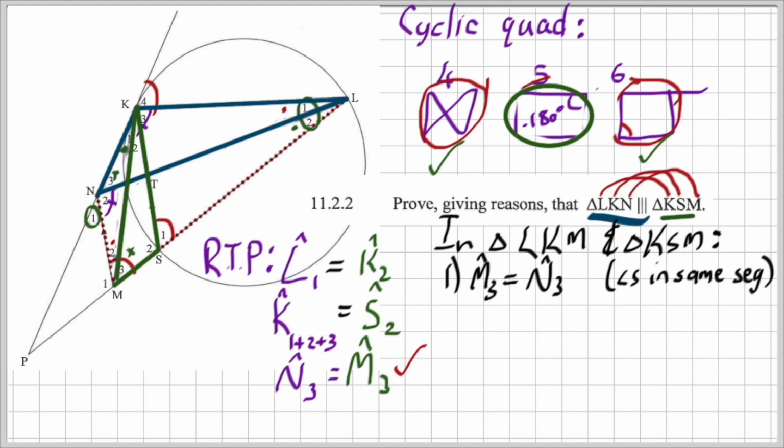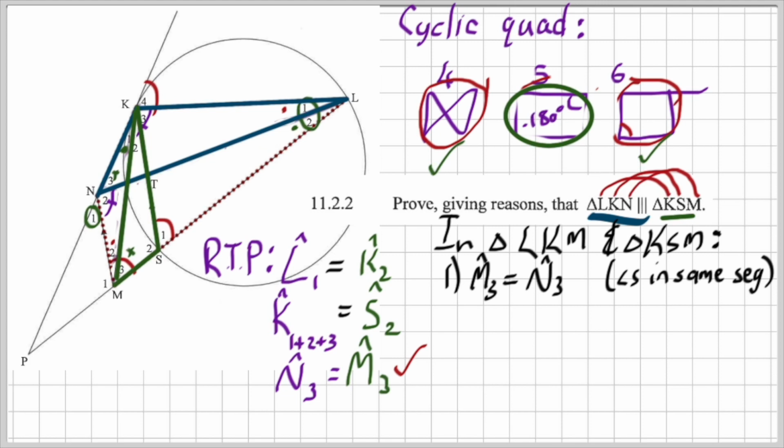But next up, I'm going to try and stay away from K1, 2, and 3 because it gets messy when you work with three angles in one. So I'm rather going to think about, maybe can I get L1 equal to K2? So what do I know about L1?